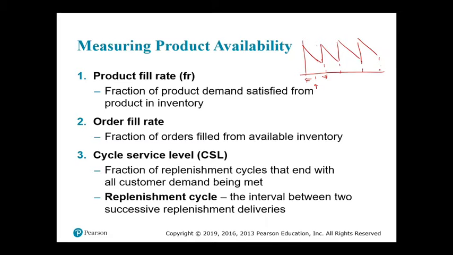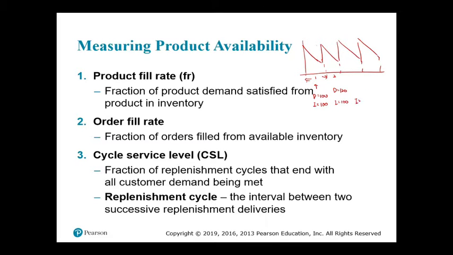So let's say I have a history of 4 order cycles. In the first period I have a demand of 100, and my starting inventory is 100. In the second period, demand turns out to be 120 and inventory is still 100.